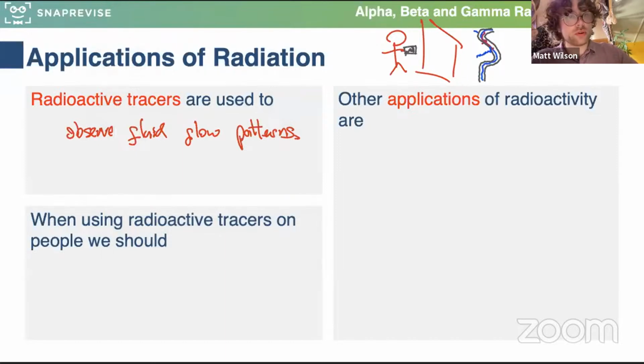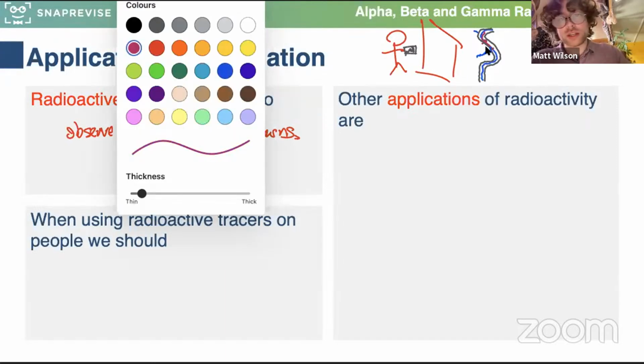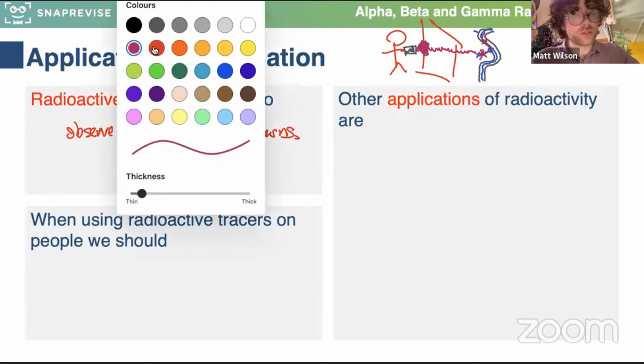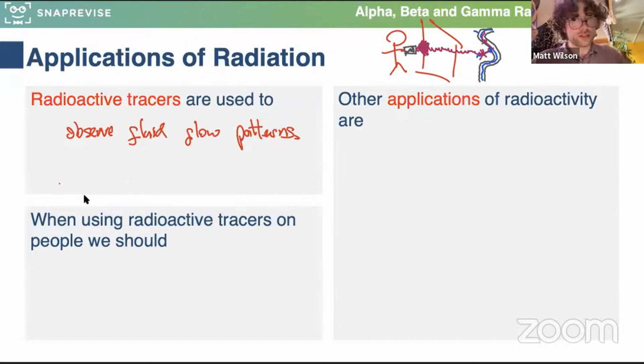We want to spot that where we put this radioactive material in. Some of that radioactive material will also leak out. And we'll be able to track that because that's something that will still be giving a signal because if we choose the right kind of radiation, it will be able to pass through the barrier and we'll be able to sense it, even though we can't see it directly. So that's the idea. We use radioactive tracers to observe fluid flow patterns.